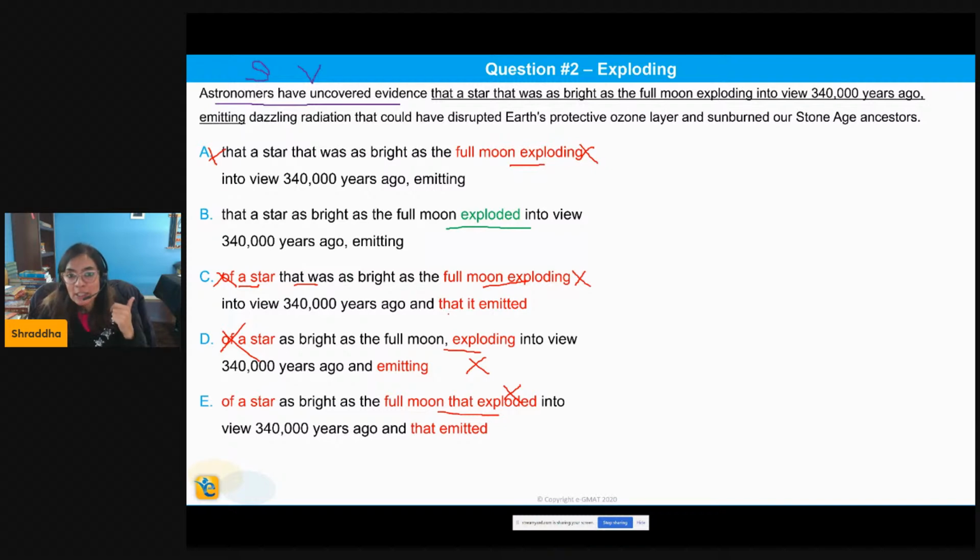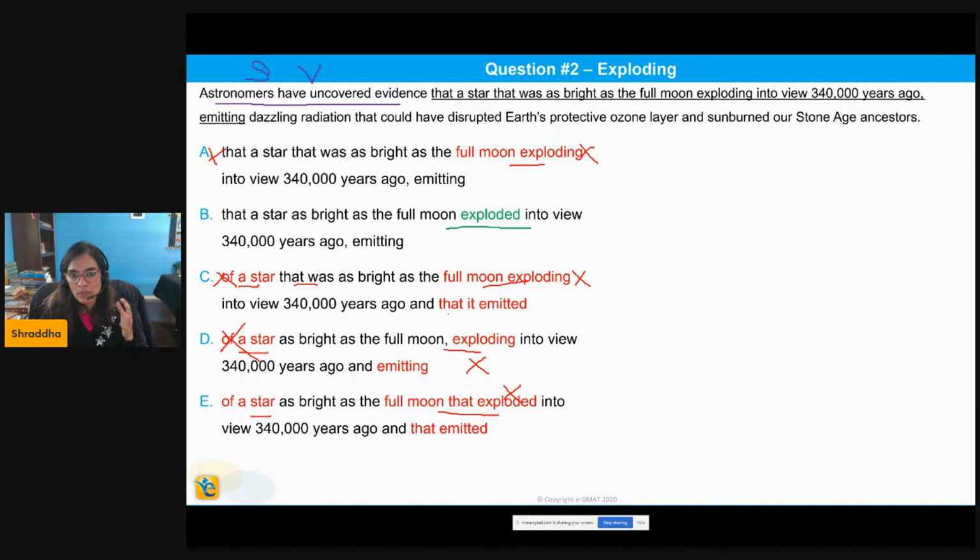It would take you literally 10 seconds to reject all the four incorrect answer choices only on the basis of the meaning of the sentence. I don't need to care about of a star, whether it is correct or not, what is the implication of this usage in the sentence. I don't have to worry about all of that.